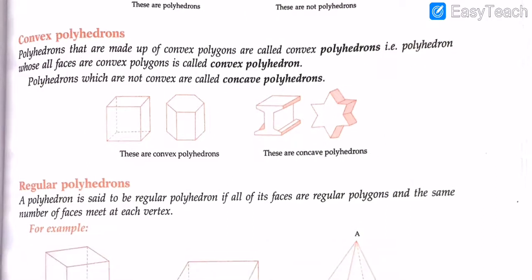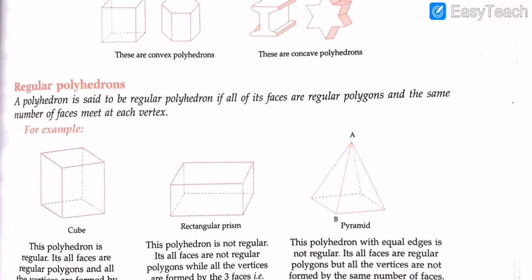Now, let's talk about regular polyhedrons. So, a polyhedron is said to be regular if all its faces are regular polygons and the same number of faces meet at a vertex. A vertex, this is what you call a vertex. These edges. No, I'm sorry, not edges. Edges are completely different. But normally, when we touch something hard, we're like, oh, this is an edge. So by normal English language, you can say it's an edge.